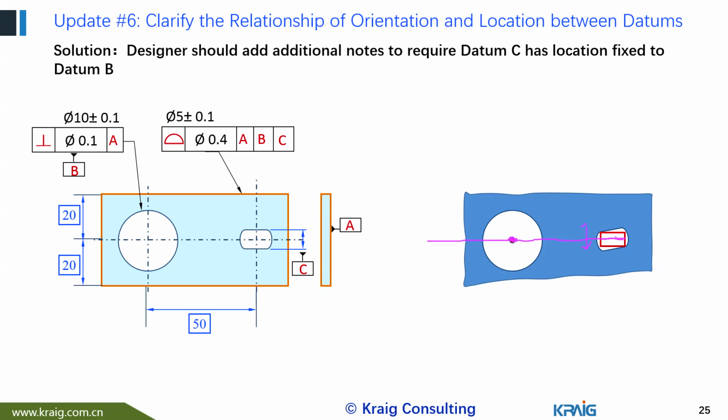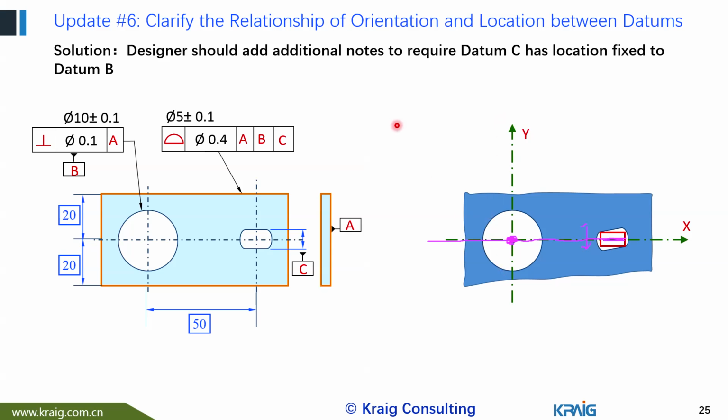However, if you require the center plane to pass through the center of datum B, that means there's a location requirement between datum C and datum B. And this location requirement from datum B to datum C is not a default requirement. But you want to do that, right? You want to use this one to establish your X and Y. So how to do that?